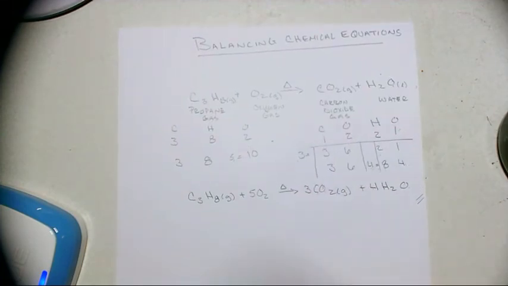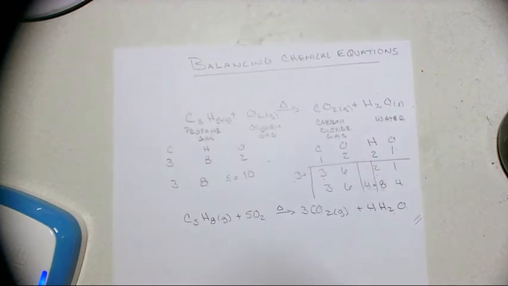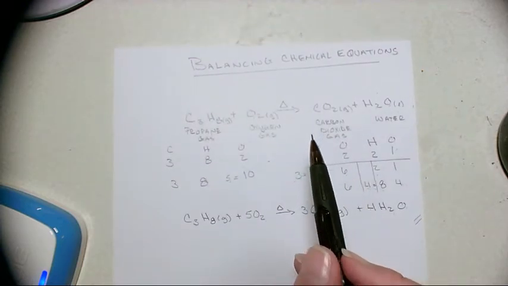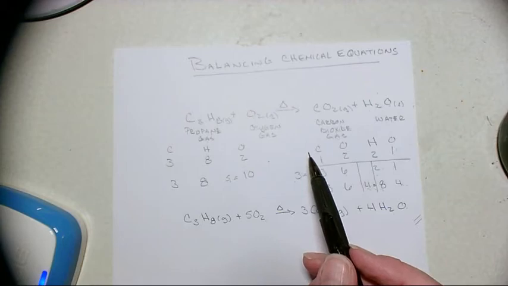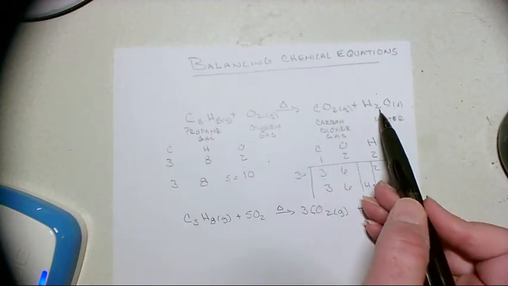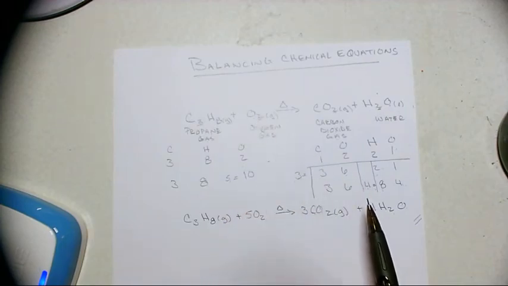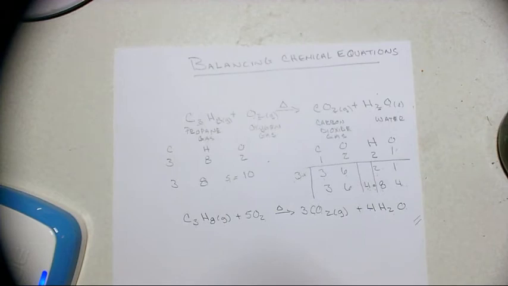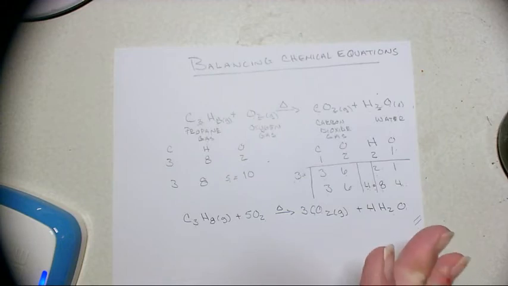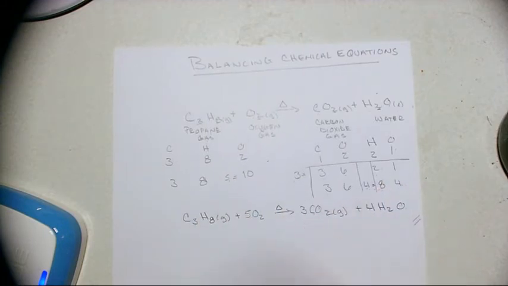So a brief look back. When we're balancing equations, the one thing we can't do is change any of these subscripts. The only time we can change those subscripts is when we're going back to the periodic table and figuring out how two things go together, like sodium chloride. Then we monkey with the subscripts to see how things go together. But once that's been established and we know how our molecules are put together, those subscripts do not get changed.